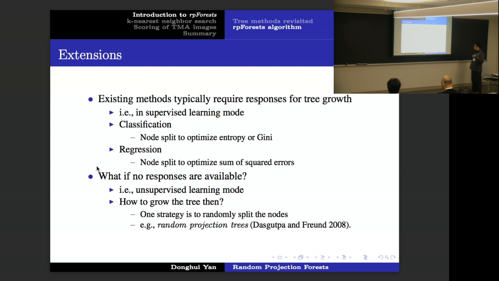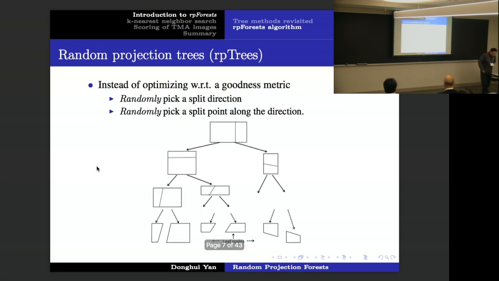How do you grow the tree? One simple strategy is to randomly split the node. The resulting tree is called a random projection tree, proposed by Dasgupta and Freund in 2008. This is a simple illustration of these random projection trees.